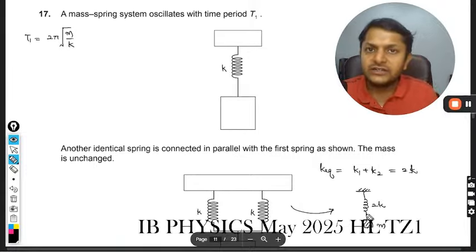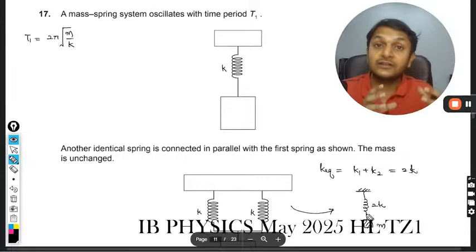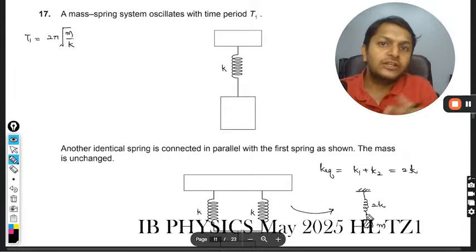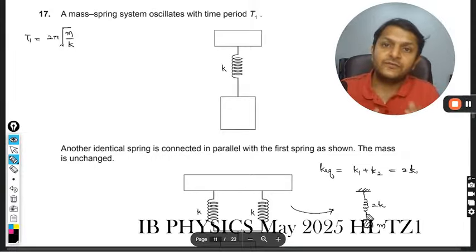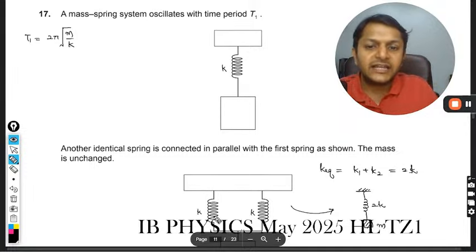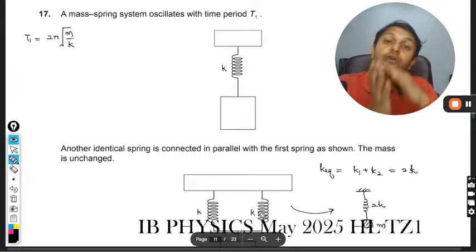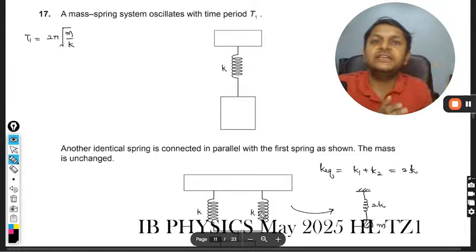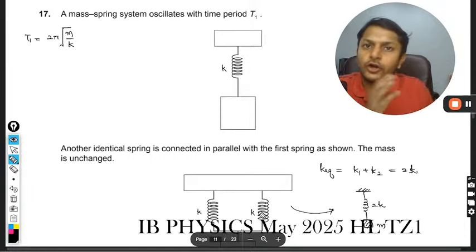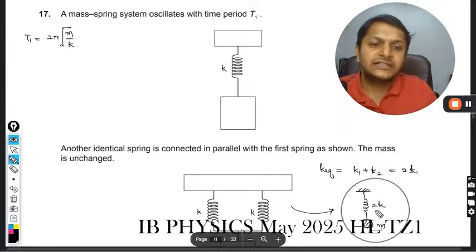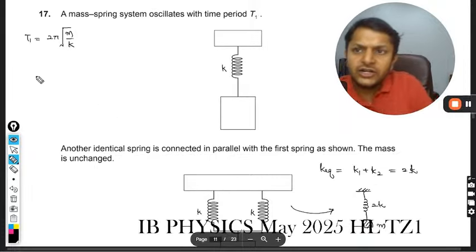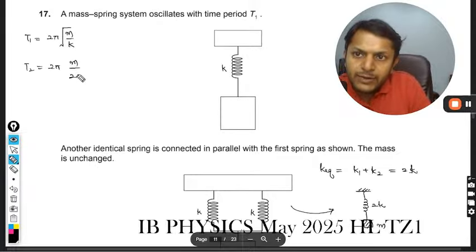In IB books and others, they use the term total K, but I don't call it total K. I call it equivalent, which actually means that if these two springs are there, and instead of that we want to have only one spring, what will be the equivalent K value for that single spring? That single spring will be 2K. So here you can say that the time period T2 will be 2 pi root of m by 2k.